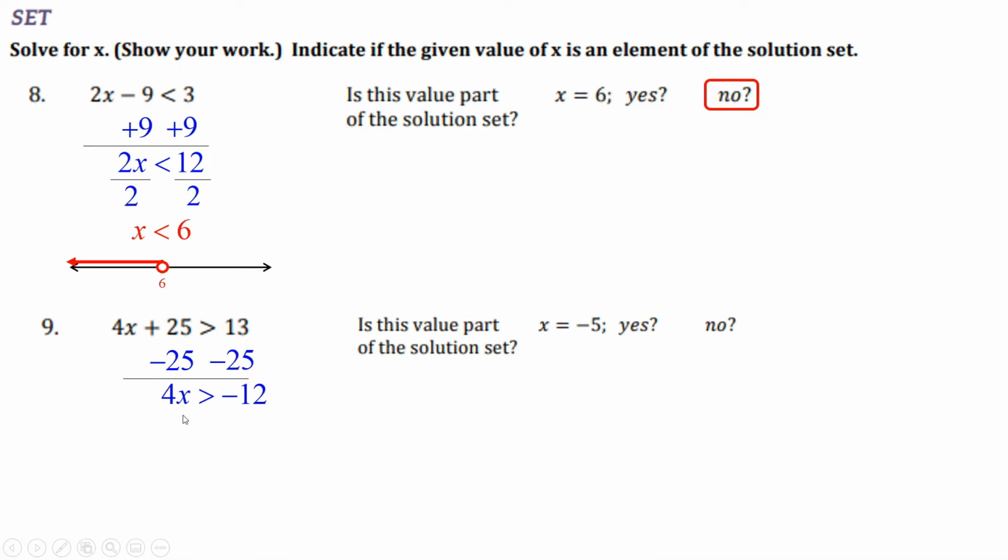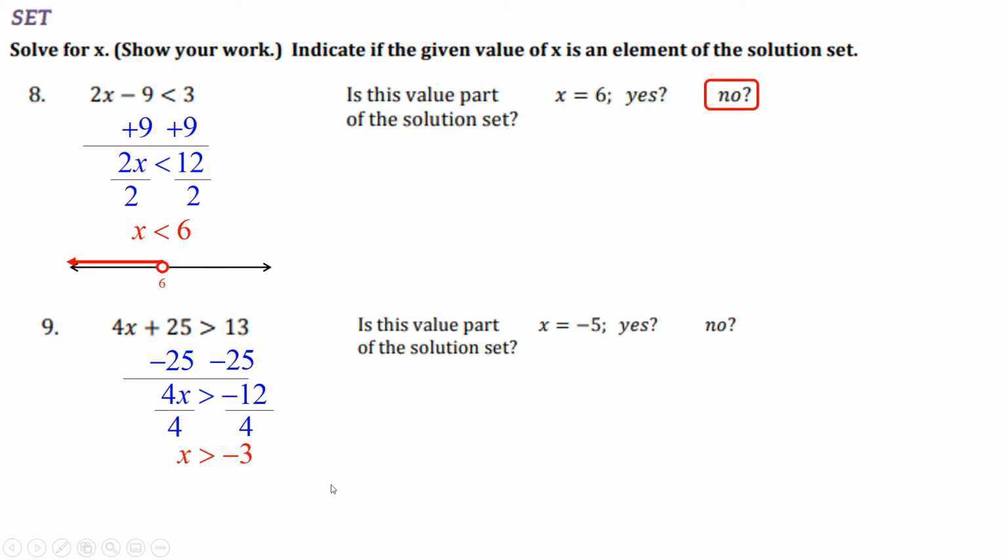And now we're going to divide both sides by 4 to undo the multiplication by 4. And we multiply by a positive, so that's not going to affect our inequality symbol. Still greater than. And on the left, the 4's cancel, so we have x is greater than a negative over a positive is negative, and 4 goes into 12 3 times, negative 3.